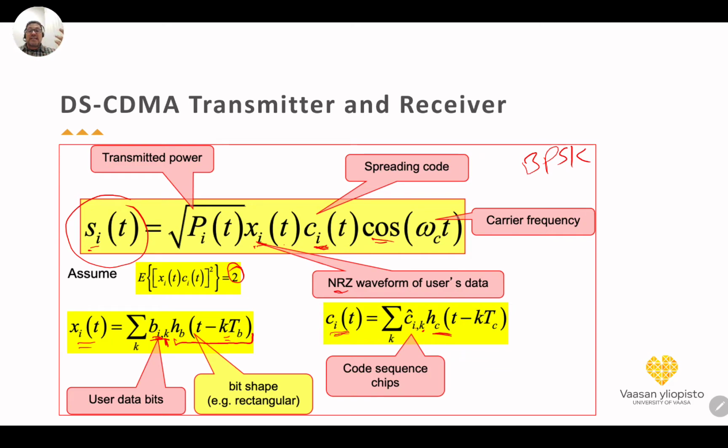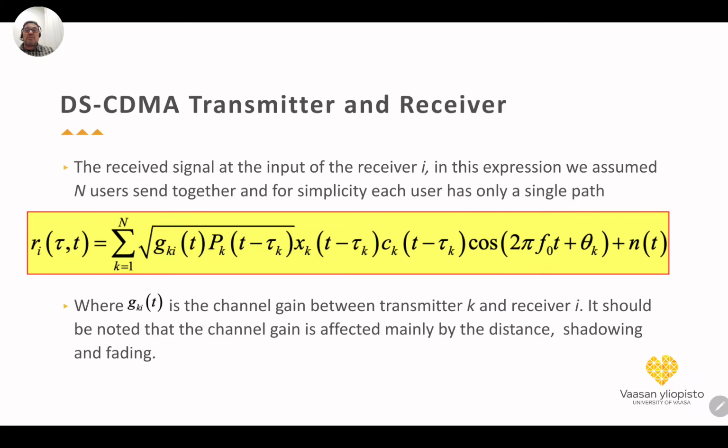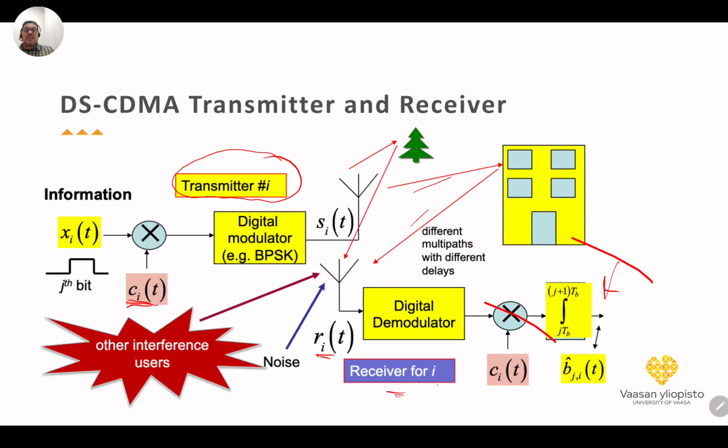It can also be rectangular. You can see here Tc is the time duration per chip, and Tb is the time duration per bit. So this is simply the mathematical formulation of the transmitter, which is Si of t.